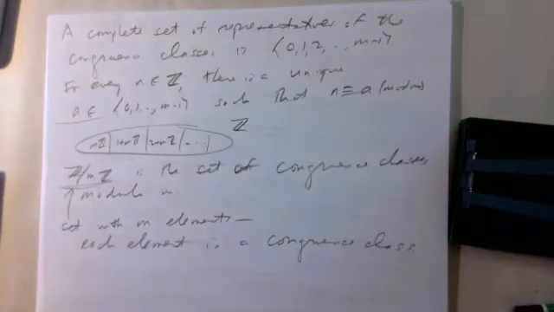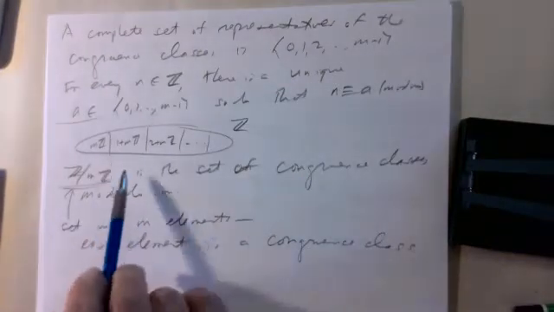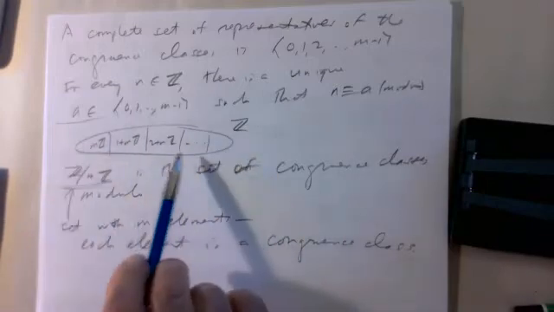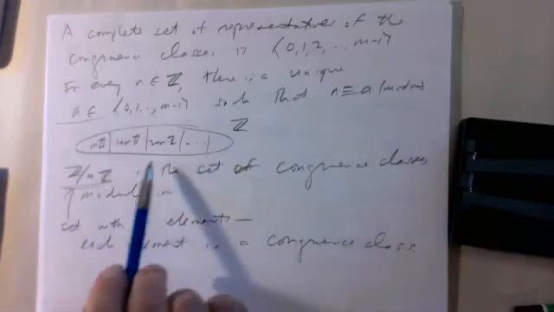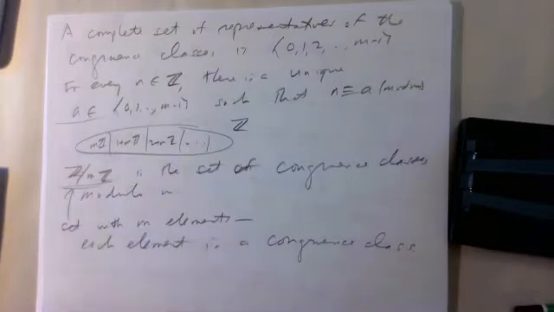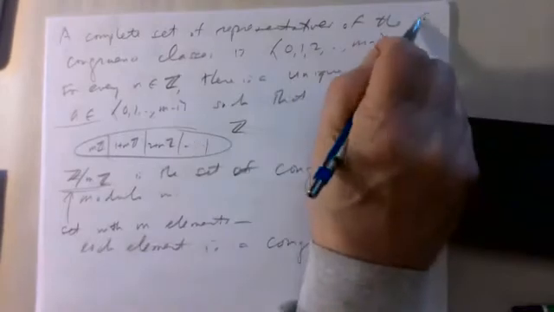So the set of integers is infinite, but we're dividing this infinite set up into a finite number m of pieces for the different congruence classes. We can add and multiply congruences. So this was a very important algebraic fact.